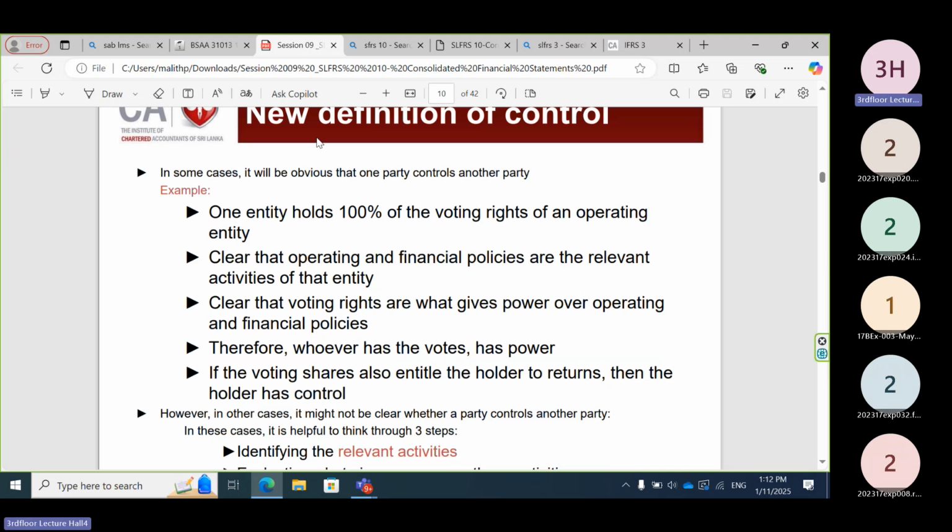So then here we have how we are going to get this power. As I mentioned, one entity may have 100% voting rights. That may be one indication.